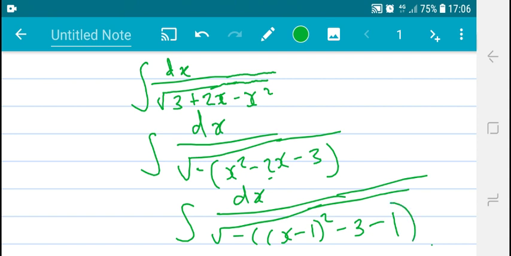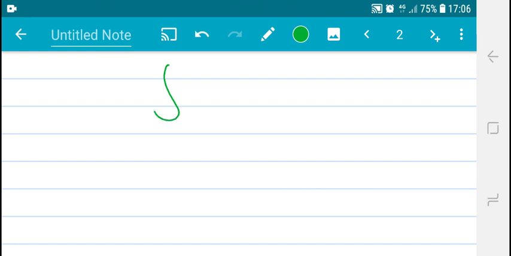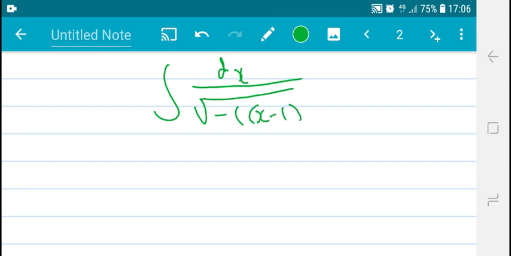And so it's essentially just the square root of minus x minus 1 squared minus 4, quantity multiplied by -1. So essentially we get the following: minus x minus 1 squared minus 4, right?